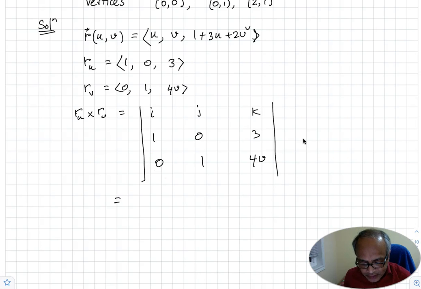That's pretty easy, and we don't need to write i, j, k. i corresponds to the first component, j to the second component, k to the third component, so we can just write the components. 0 times 4v is 0, minus 3. For the j component, the second component, I have a minus sign, so I will go in the reverse direction. Instead of multiplying 1 with 4v and subtracting 3 times 0, I will first multiply 3 times 0 and subtract 4v. So that will be minus 4v.